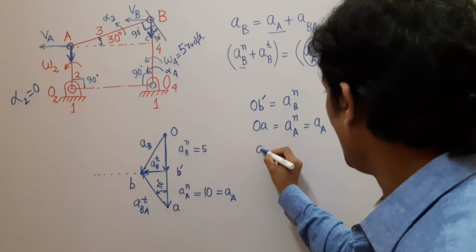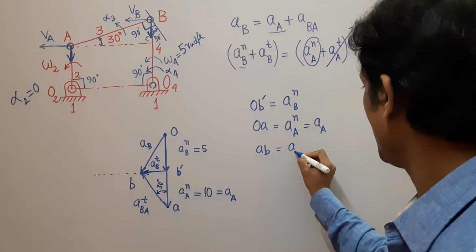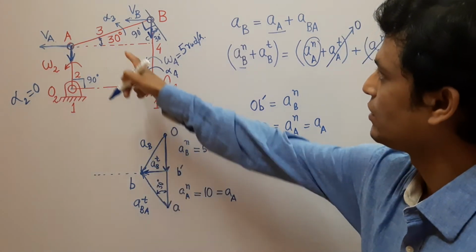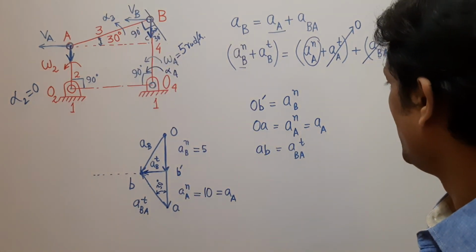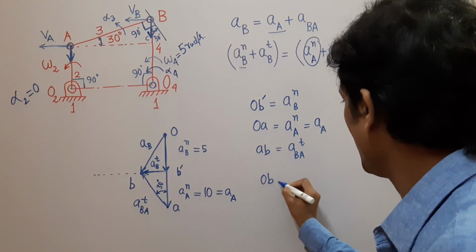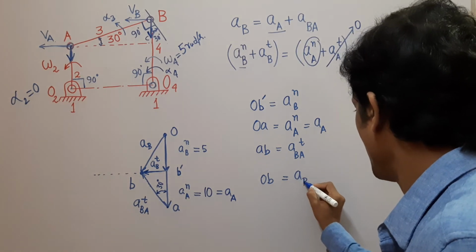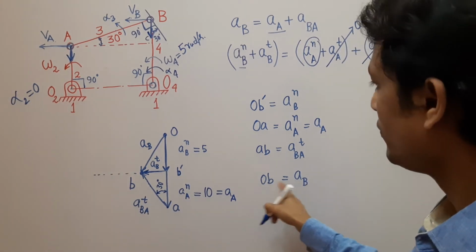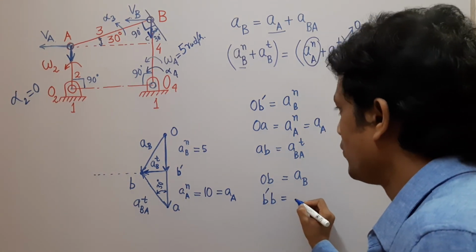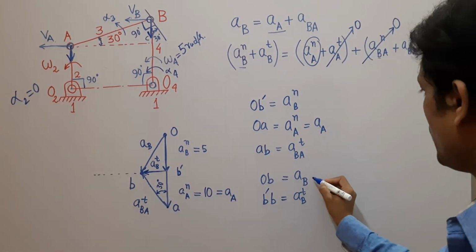And ab represents ABA T, the tangential component of relative acceleration. And OB represents AB, the total acceleration of point B. And B prime B represents ABT.